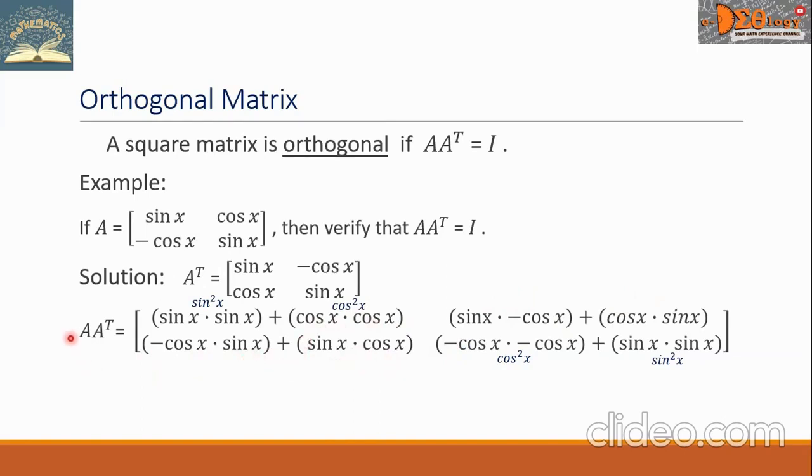The product A times A transpose will be equal to, this is equal to 1, this would be 0, this is also 0, and this is 1. We can see here that the resulting matrix is equal to the identity matrix of order 2. Therefore, the matrix A here is orthogonal.